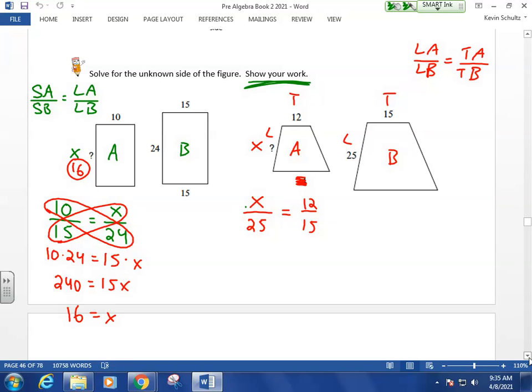What you want to be doing here, the numerator of one times the denominator of the other, which we again get 15 times x here, equals the denominator of one times the numerator of the other. All right, that's how you want to start this.